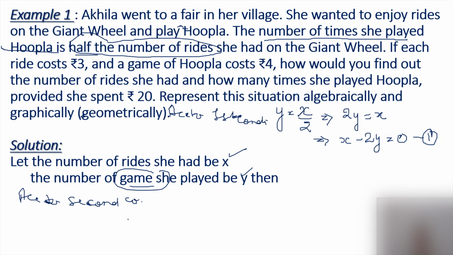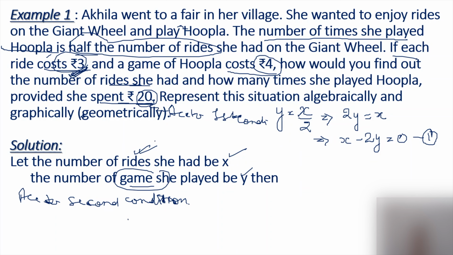Now according to the second condition, it is given that each ride costs ₹3 and the game of hoopla costs ₹4, and she spent ₹20. She paid ₹3 for one ride, and she had x rides.